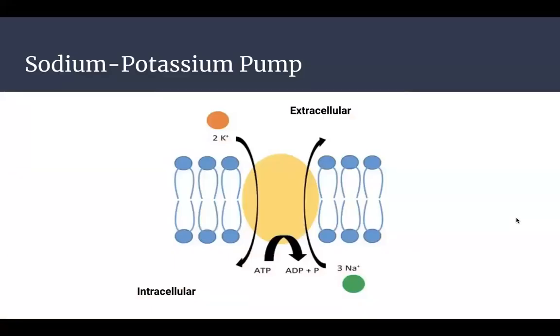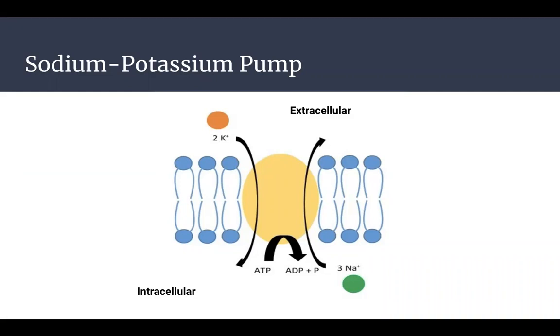So here we have the sodium-potassium pump. Osmoregulation at the cellular level is performed by the sodium-potassium pump located in the outer plasma membrane of cells. With the sodium-potassium pump, moving sodium out of the cell requires active transport to move these molecules from high to low concentrations.